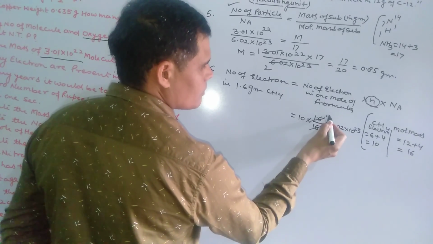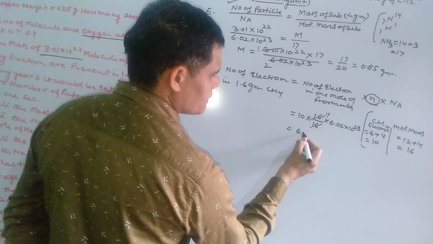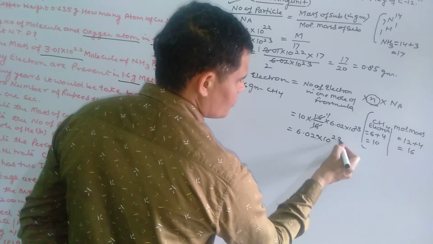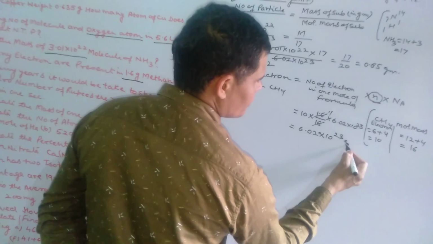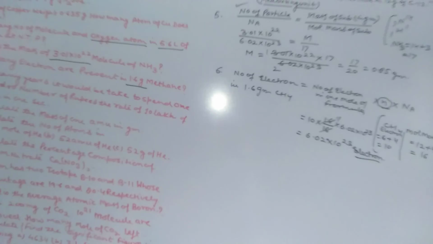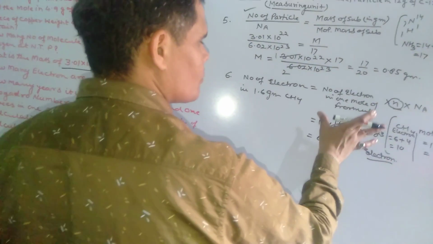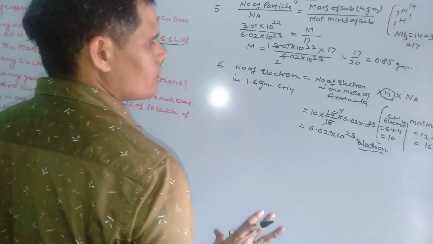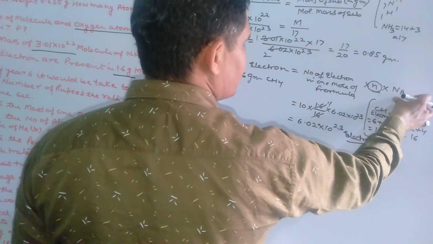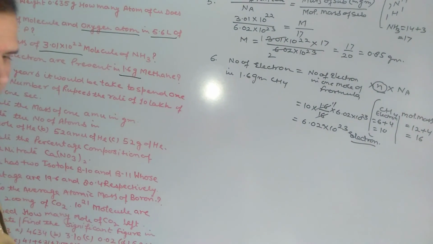The value is 0.1, and the calculation says that 6.02 into 10 to the power 23 electrons are present in 1.6 gram of methane. Simple formula: number of electrons in 1 mole of formula into N, number of moles, and multiply with Avogadro number.